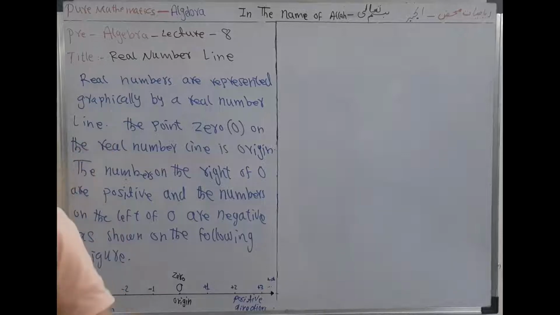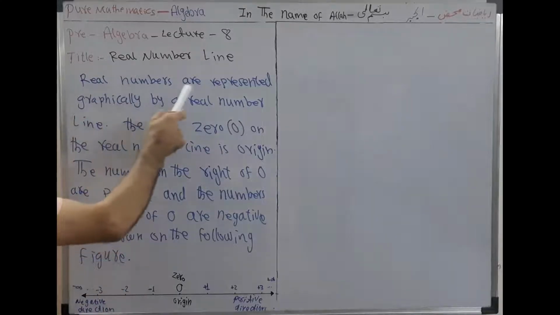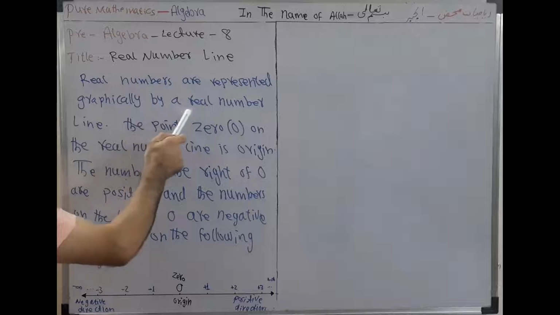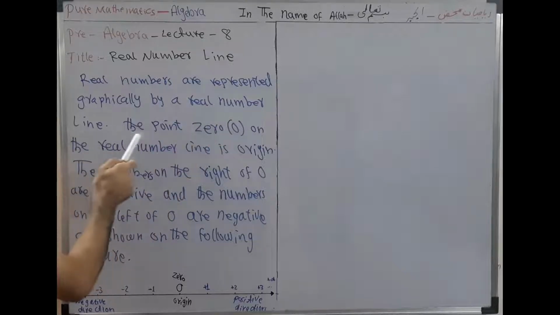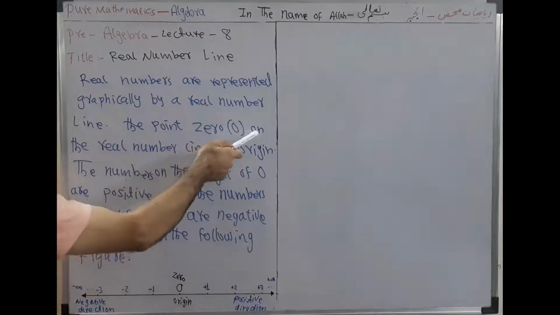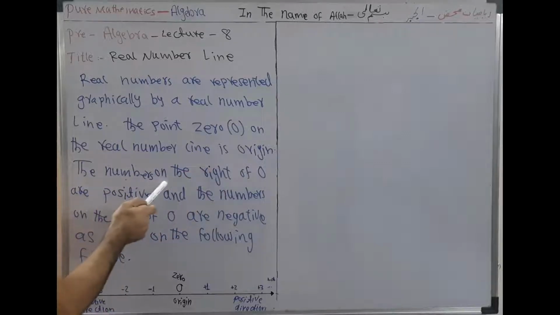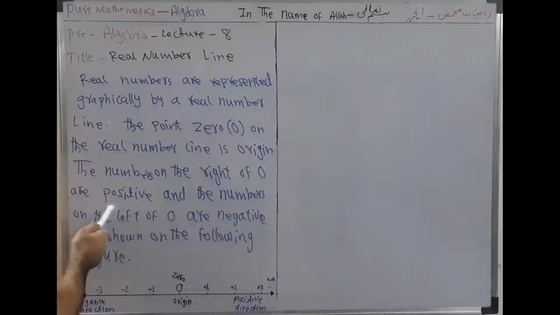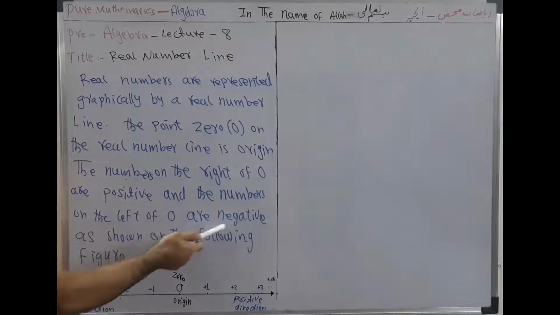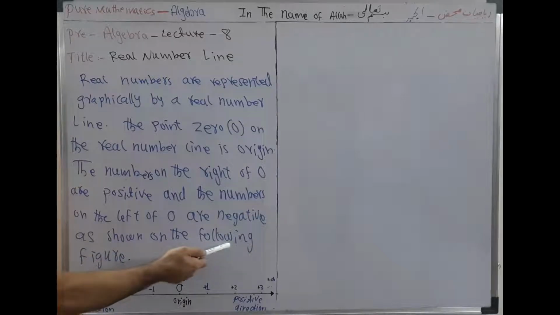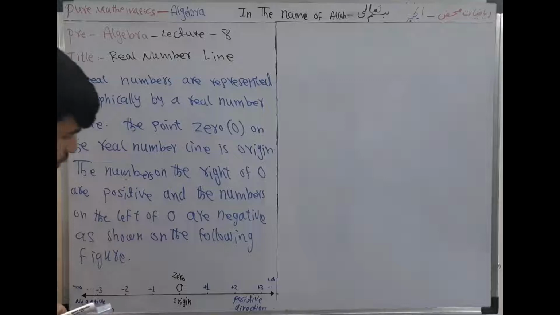Here we define the real number line. Real numbers are represented graphically by a real number line. The point 0 on the real number line is the origin. The numbers on the right of O are positive, and the numbers on the left of O are negative, as shown in the following figure. Here, as you see, it is the origin.